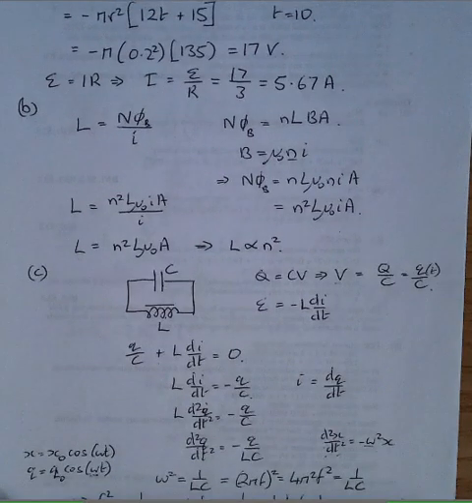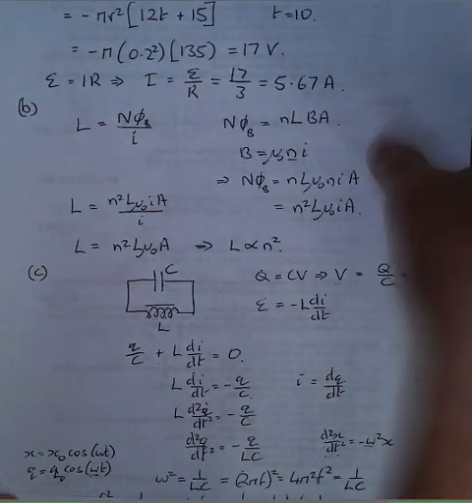So omega squared must be 1 over LC. What's omega? Omega is 2 pi f. So if we square 2 pi f, that's 4 pi squared f squared, which equals 1 over LC.